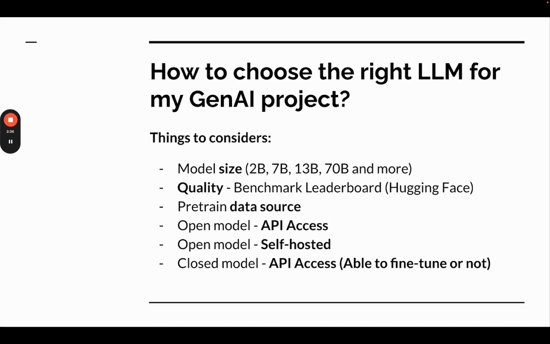And also quality, like the benchmark leaderboards, how well the model performs on various benchmarks, and also the pre-trained data source. What areas of data source was it trained on? Especially for open source models, they are disclosed, so you can understand in what areas they have data or domain knowledge.